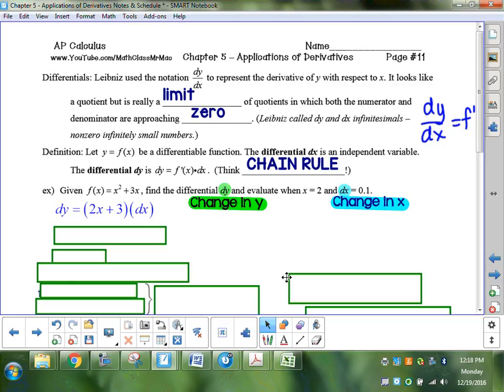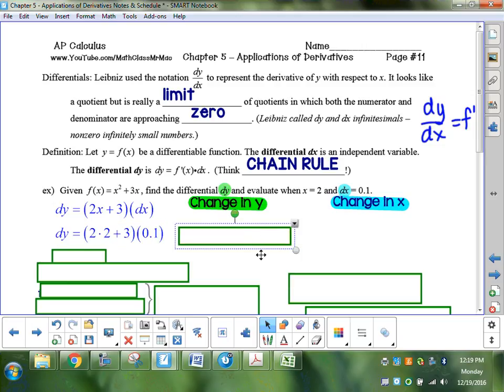Hands up, please, if you can tell me. You've already defined it. What's the change in x, Leah? There you go. So dy is equal to, and we know what our x is. We define the x as that. This is going to tell you what your derivative's value is at 2, a close approximation to it.